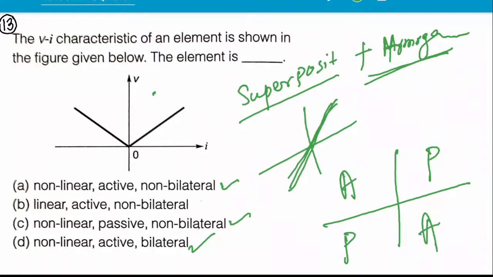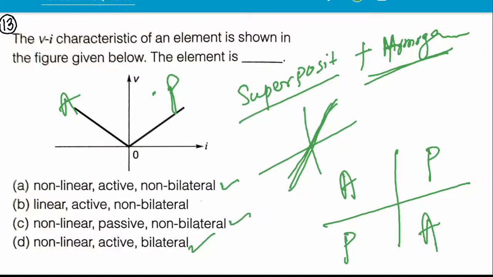And this exists in both the first and second quadrant. So maybe this is for active and this is for passive.